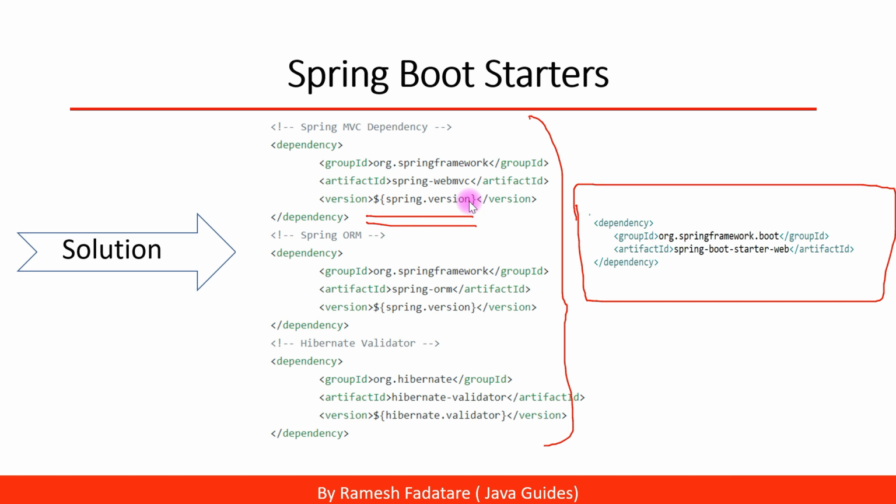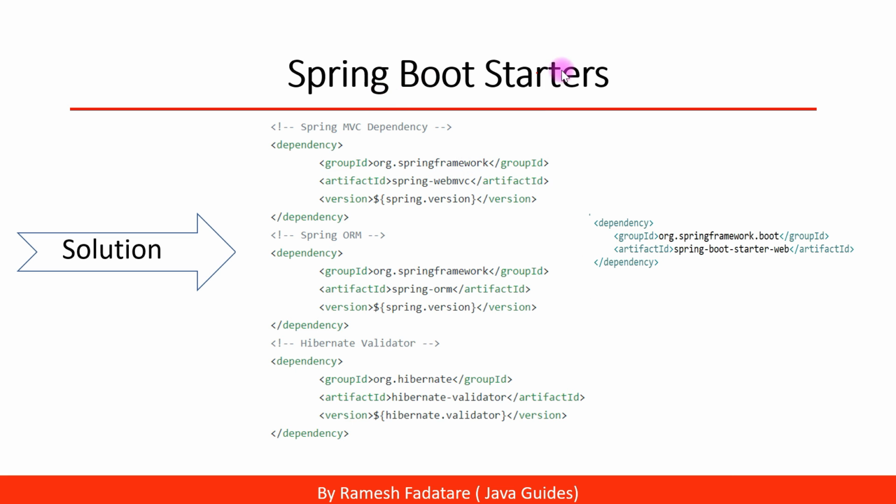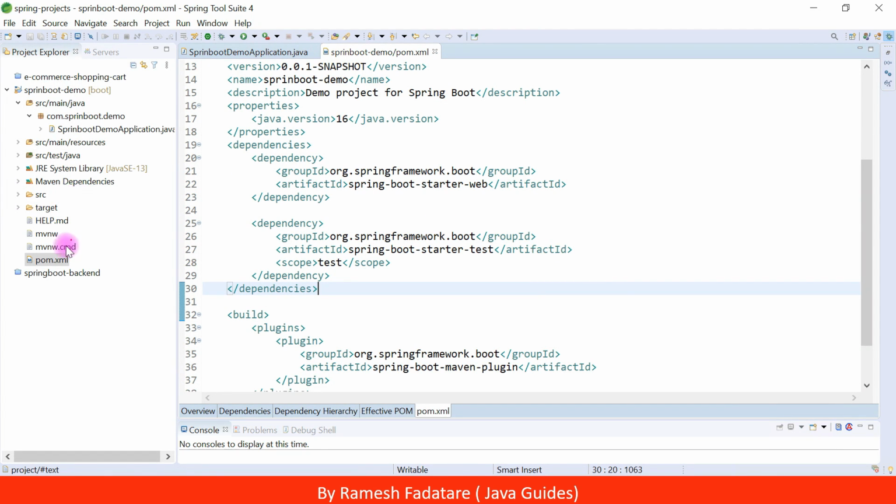Let's jump into our IDE and understand more about Spring Boot starters and see what is inside them. Go to pom.xml, and here you can see the Spring Boot starter web dependency.